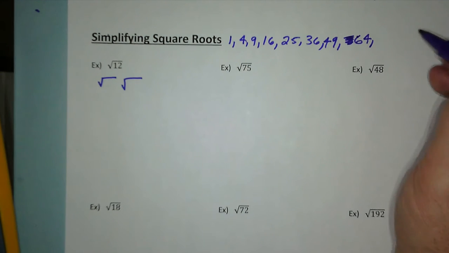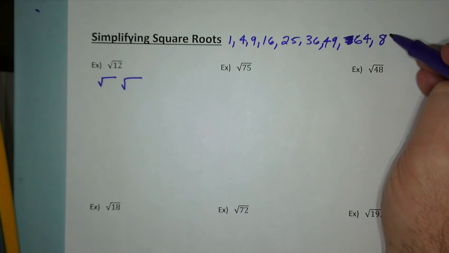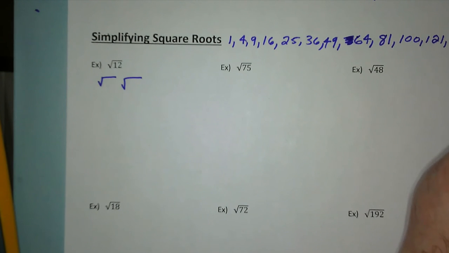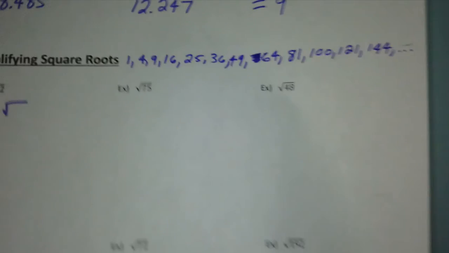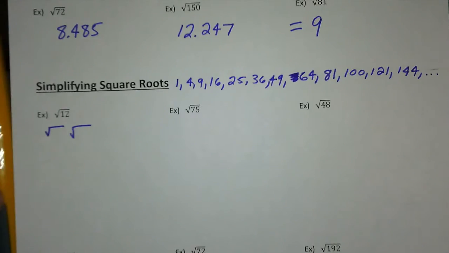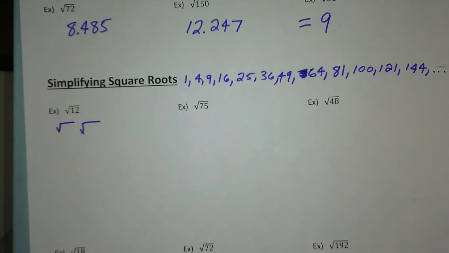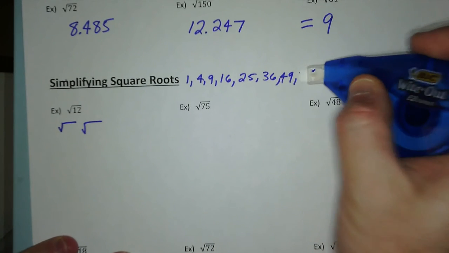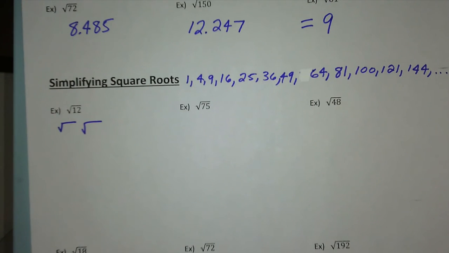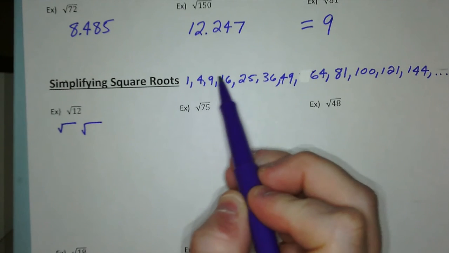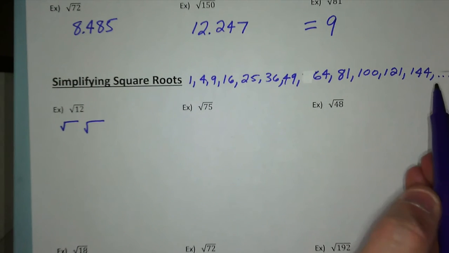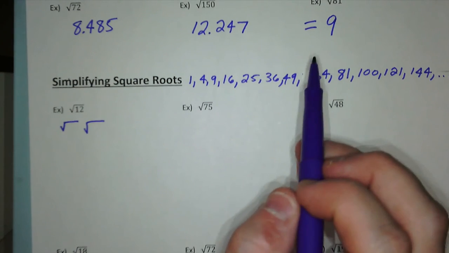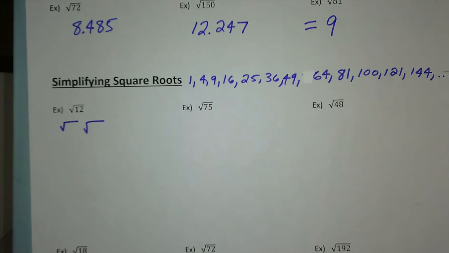So 64, and then 81, and then 100, and then 121, and then 144, and so on. So these are all the numbers that you actually can take the square root of. Technically it goes on forever, but these are the first most common handful of ones that you actually can take the square root of.